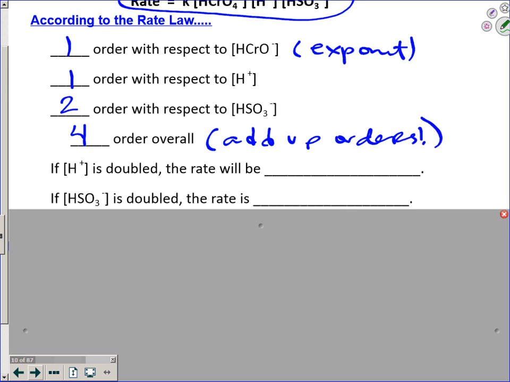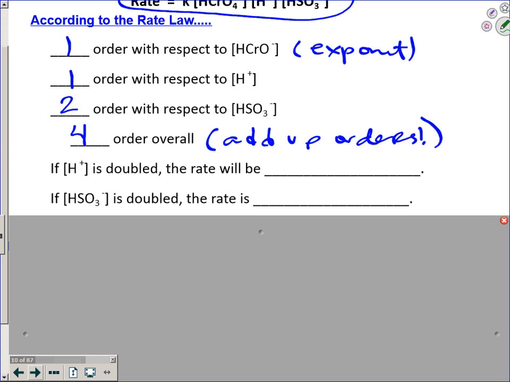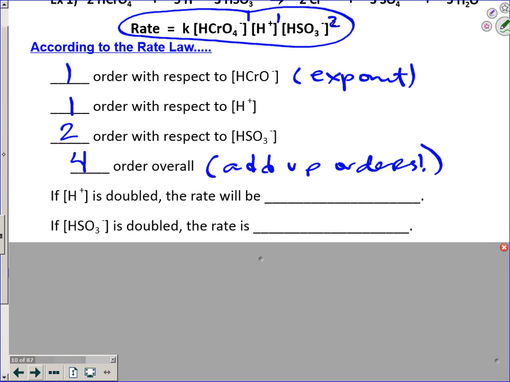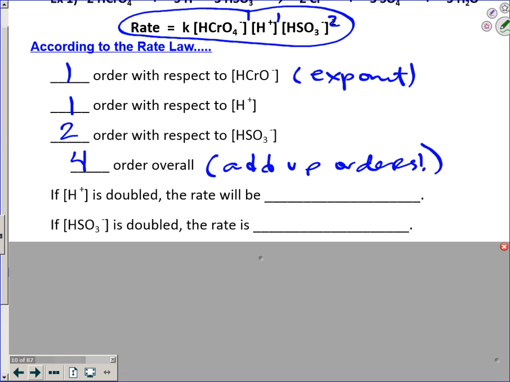All right, so here's what I want to talk about first. If the rate is equal to these independent concentrations to some order or to some power, you have to think about what's going to happen to the rate if something changes within the concentrations. So if hydrogen ion concentration doubled, so if I take H+ and I double it, doubling it to the first power is still what? 2, right?